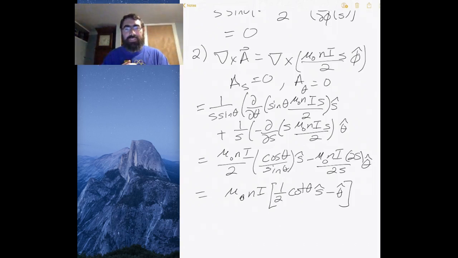So essentially what we get is the magnetic field that's operating in the z direction.